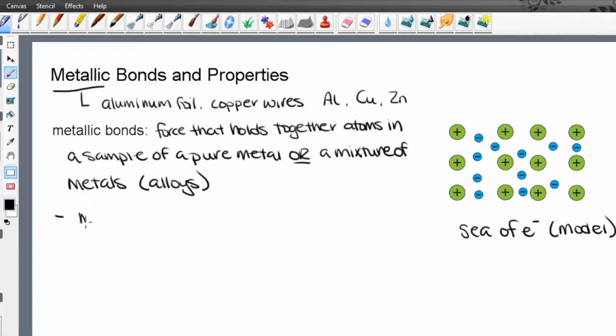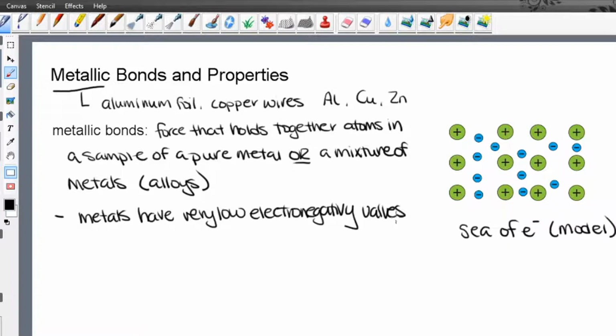Now, what's going on here in this sea of electrons? Well, metals have very low electronegativity values. Remember we were talking about this love for electrons, right? Very low, meaning they don't really care about their electrons very much. They have low electronegativity values and low ionization energies. So what does that mean?